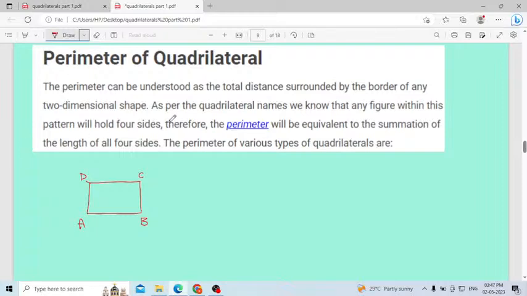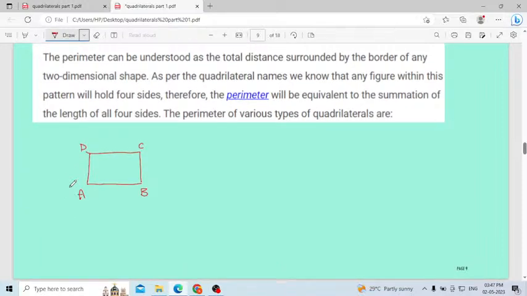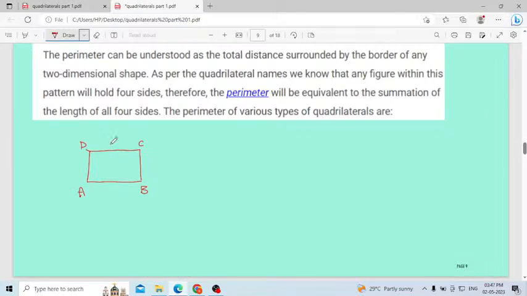As per the quadrilateral name, any figure in this pattern will hold four sides. Perimeter is nothing but the summation of the lengths of all four sides. If you measure the length of all four sides and add them, you will get the perimeter. In simple words, the perimeter of a quadrilateral means the sum of all four sides.